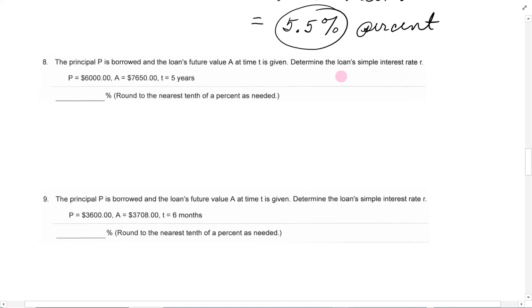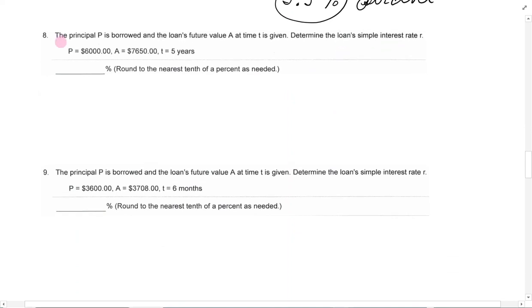Let's look at number 8. Principal P is borrowed and the loan's future value A at time T is given. Find again the simple interest rate. I have everything I need. The rate is equal to (A minus P) divided by (P times T).